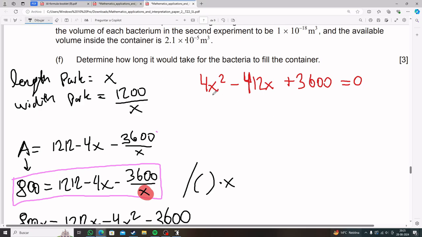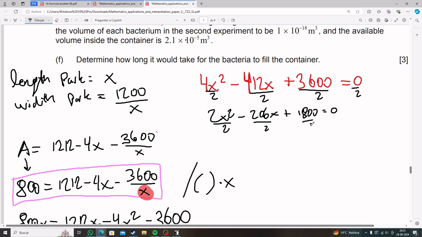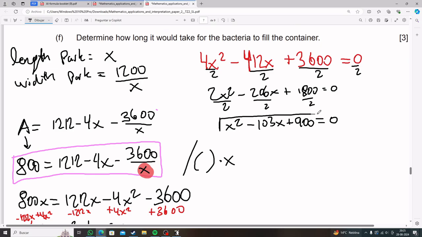So if you go ahead and divide everything by 2, you are going to end up with 2x squared minus 206x plus 1800. And look at that, they're still all even. So I can again divide by 2. So x squared minus 103x plus 900 equals 0. And from here, you've probably been here a million times.